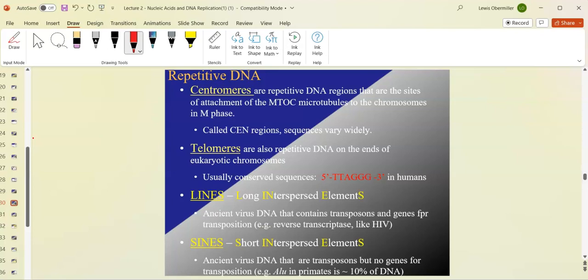All right, centromeres are repetitive regions of DNA. This is where microtubules attach, in case you forgot. So here's the chromosomes. They're going to get separated. The microtubule organizing center builds microtubules that attach here, and then separates these into opposite sides of the new daughter cells.